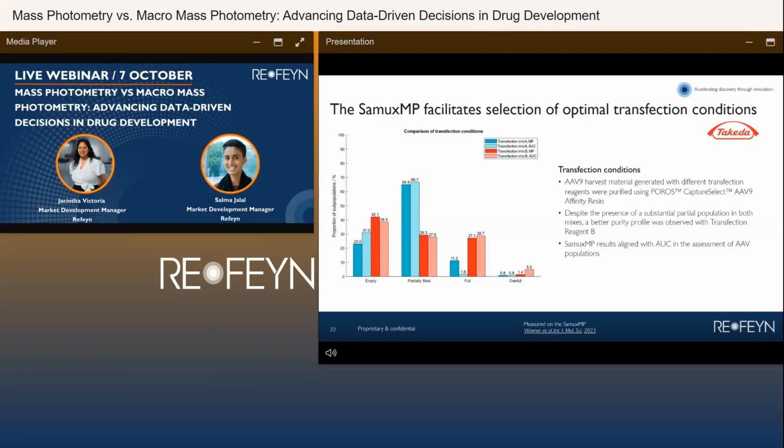So your full population for transfection B is significantly higher compared to your transfection mix A. So therefore, here again, you're able to understand the significance of having the right tools, the robust tools to measure the quality of your product or quality of every single factor that is optimized during every phase of process development. So this is yet another example where SAMX, or the data obtained for SAMX, aligns very reliably with the industry standard AUC.